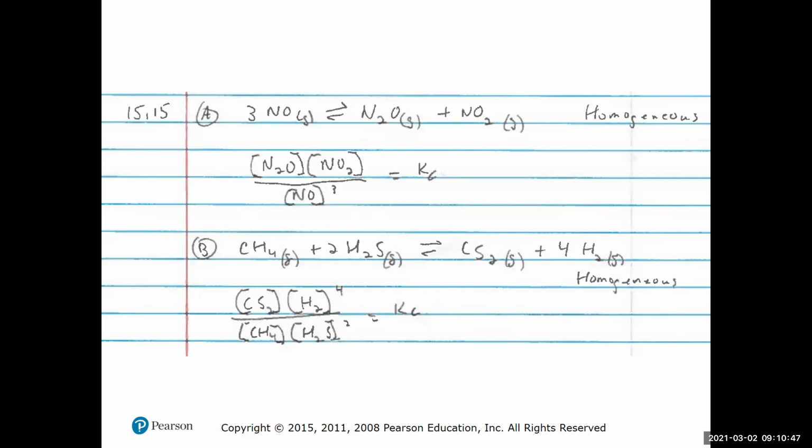In this case, we've got a couple of them. We've got 4 in front of the H2, so we're going to raise the H2 concentration to the 4th. We have 2 in front of the H2S, so we're going to raise that one to the 2nd. Once again, they're all gases, so it's homogeneous.